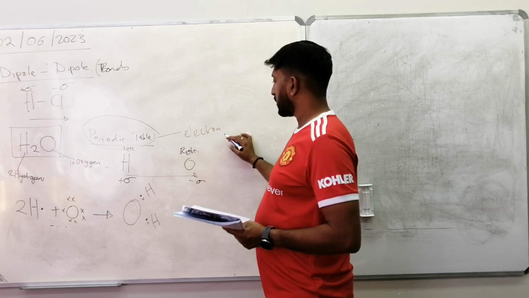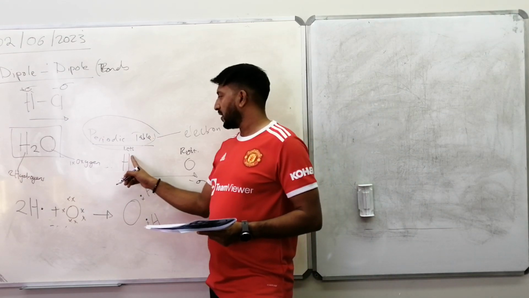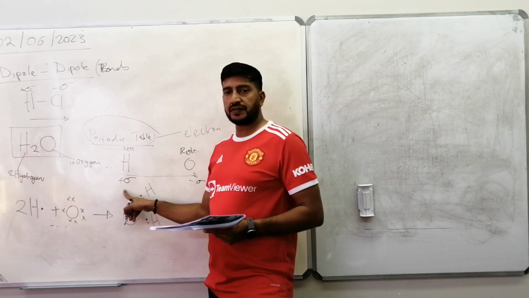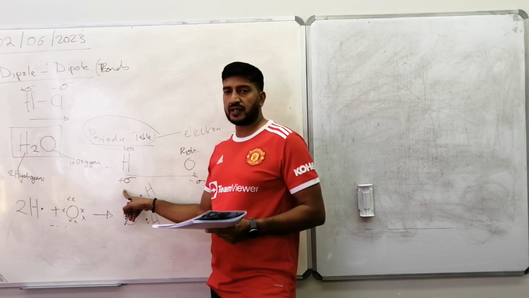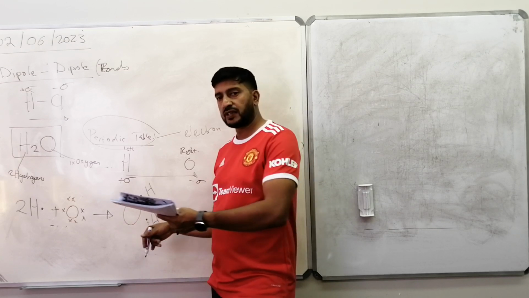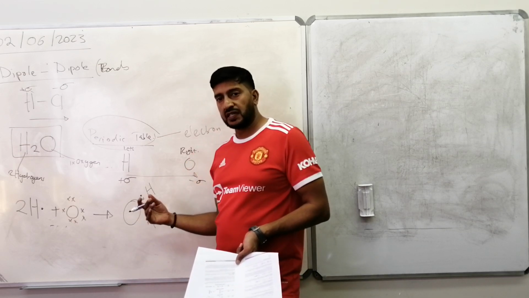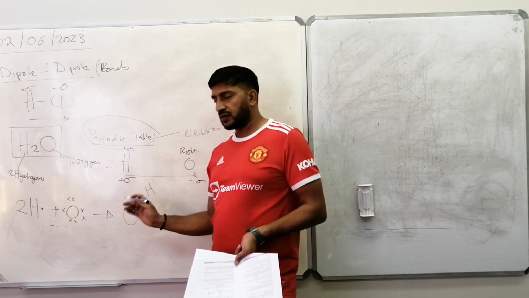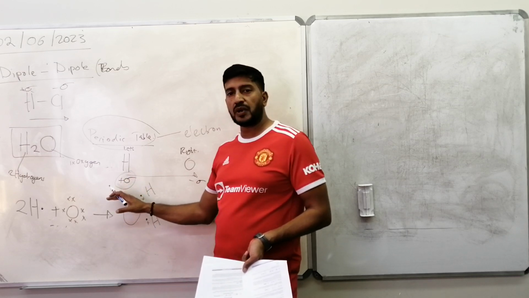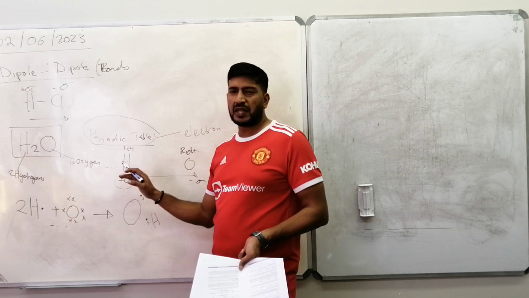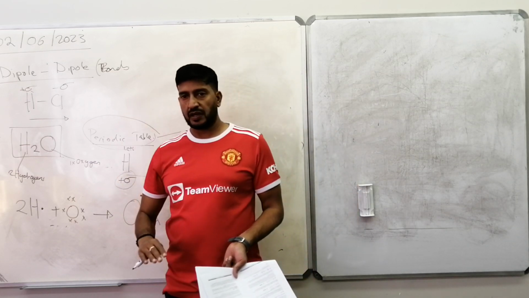Maybe I said H minus, but I meant that this element on the left-hand side has a lower electronegativity because it's on the left. Because it's more positive, its electronegativity is lower, so we said that this is the positive pole. Like the world has a north pole and a south pole.